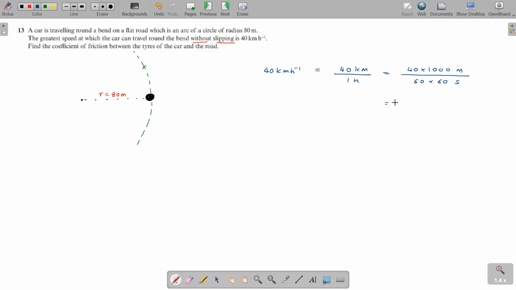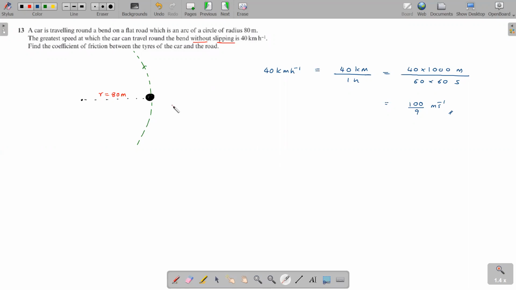So I get 100 over 9, which is 11.11. 100 over 9 meters per second. Is that okay? Now I have the speed in meters per second.